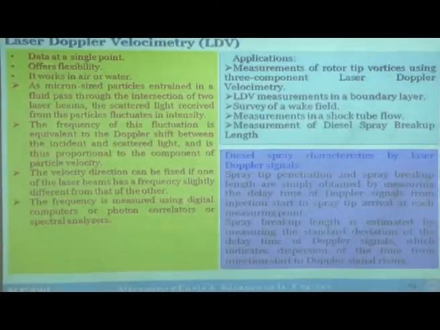So, LDV is a single point measurement because two beams are merging. Wherever they merge, that is the point where you do the measurement. It offers flexibility. Okay. So, basically you do not have to worry about alignment of lasers. In the PDI system, it is very important that all 6 beams should merge at one point.